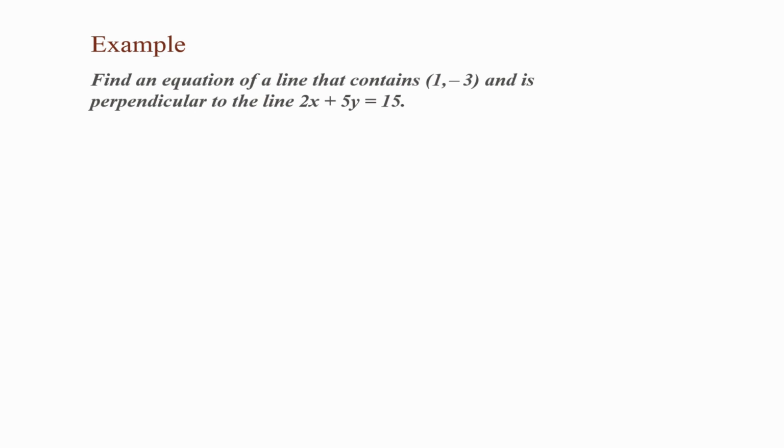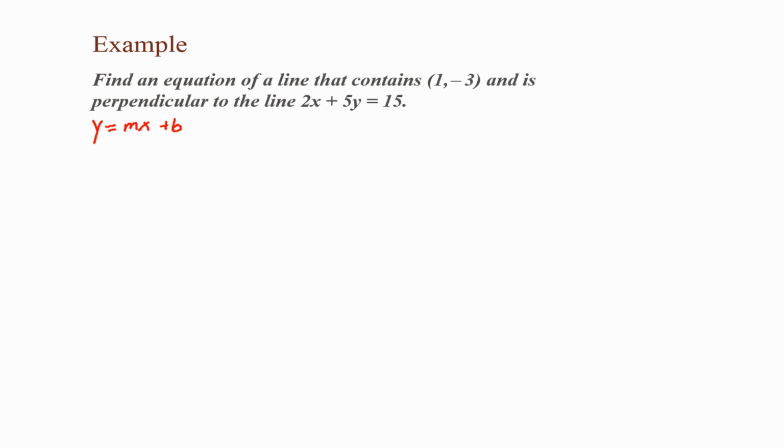In this example, I want to find an equation of a line that contains the point (1, -3) and is perpendicular to the line 2x plus 5y equals 15. To work this problem, I need to use the slope-intercept form of the line, y equals mx plus b. My first step is to take the 2x plus 5y equals 15 line and get it in slope-intercept form.